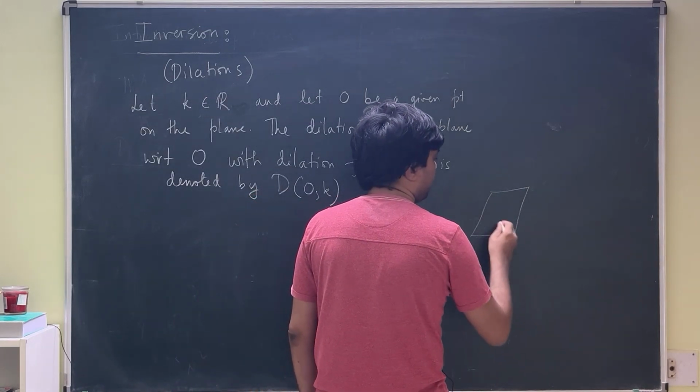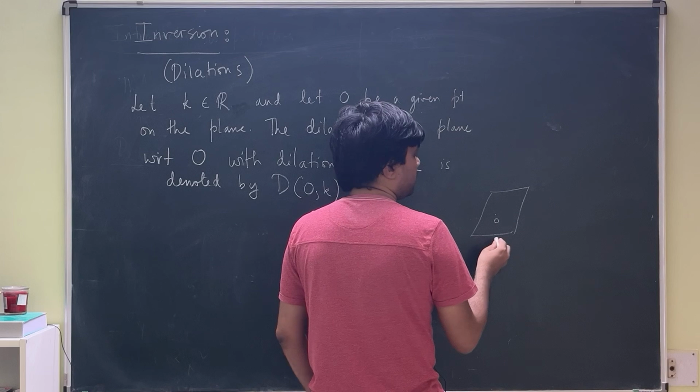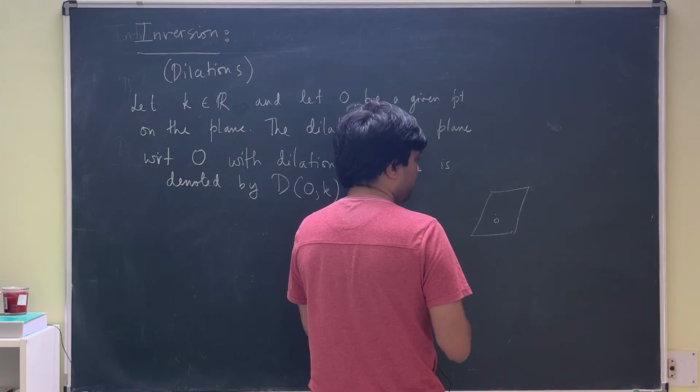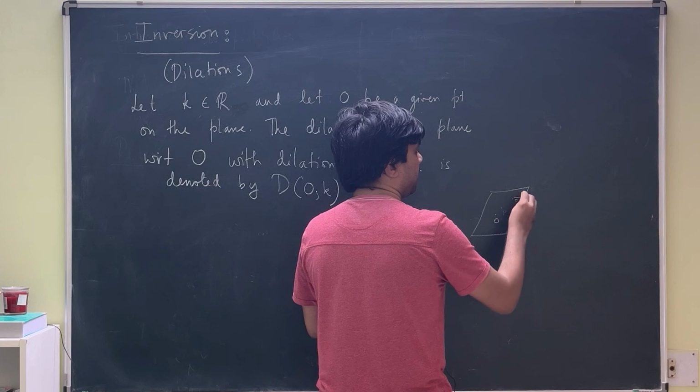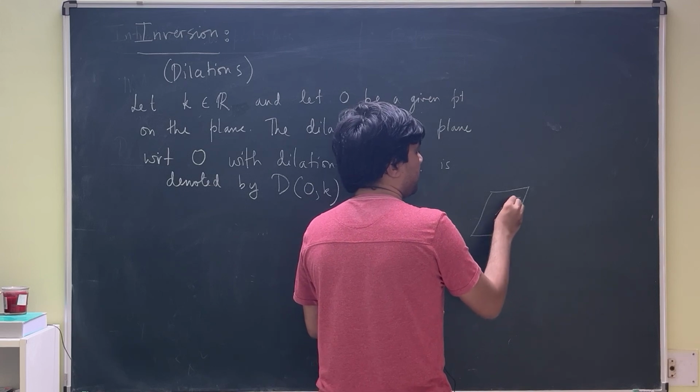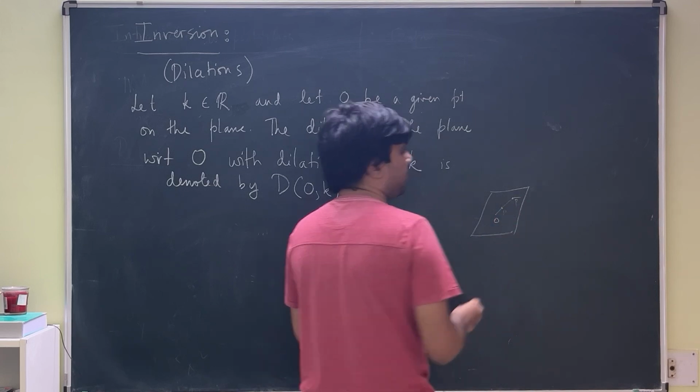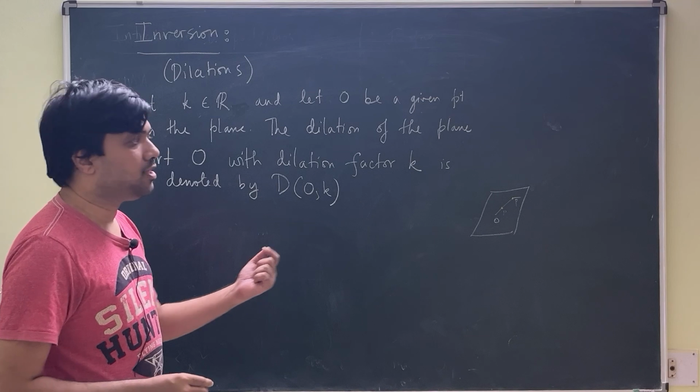So if you have the plane, you pick a point O. What the dilation does is move points of the plane to some other point P bar along a line, so O, P and P bar are on a line. Now what is the relation between P and P bar?